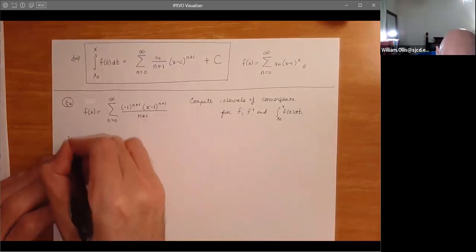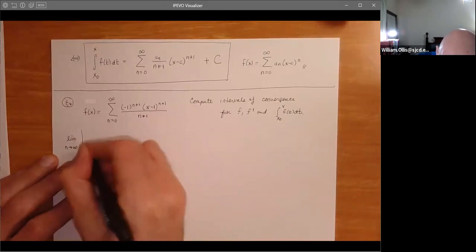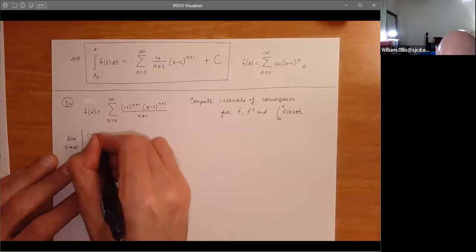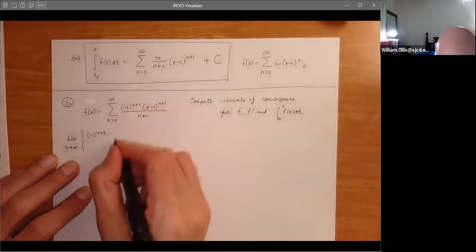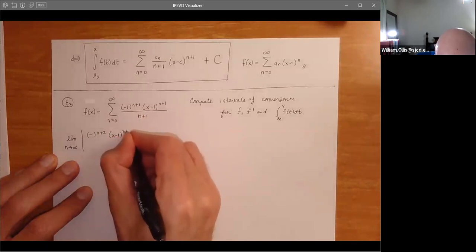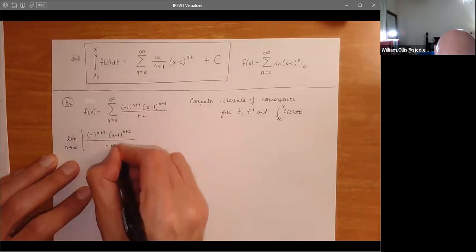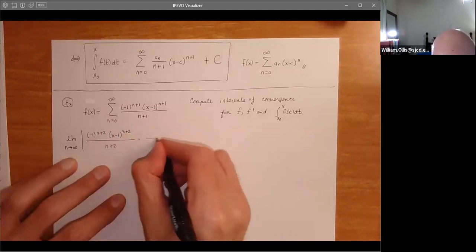So now let's do the ratio test, as n passes to infinity. We have negative 1 to the n plus 2, replace n with n plus 1, times (x minus 1) to the n plus 2, over n plus 2, then flip everything.